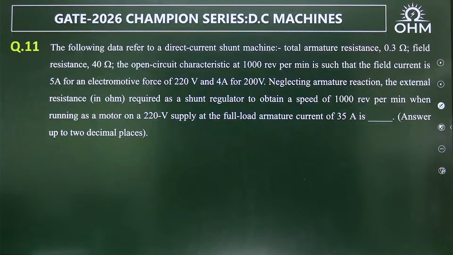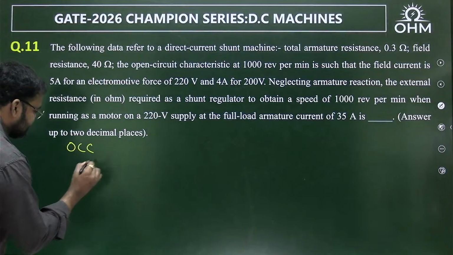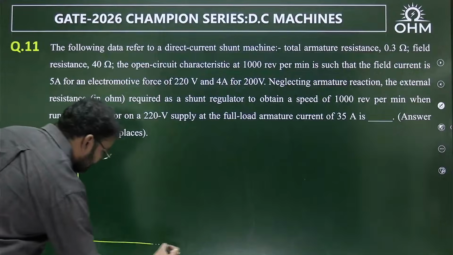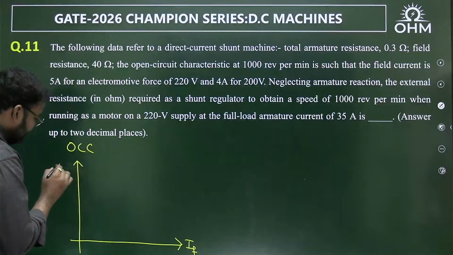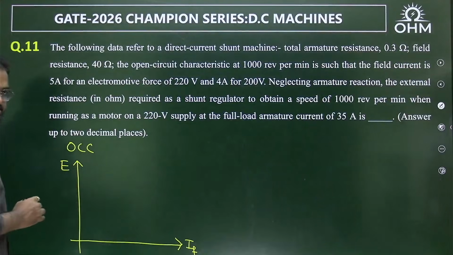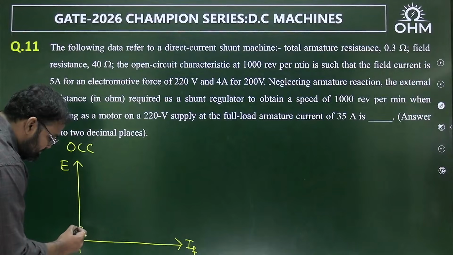First, you need to understand the open circuit characteristics given there. Okay, everybody please understand open circuit characteristics. Open circuit characteristics are drawn between field current on x-axis, induced EMF on y-axis. Okay, normally these characteristics will start with residual voltage.